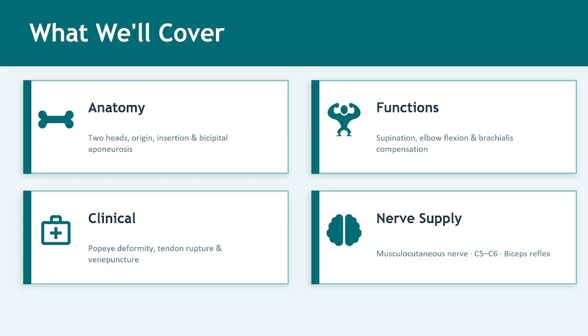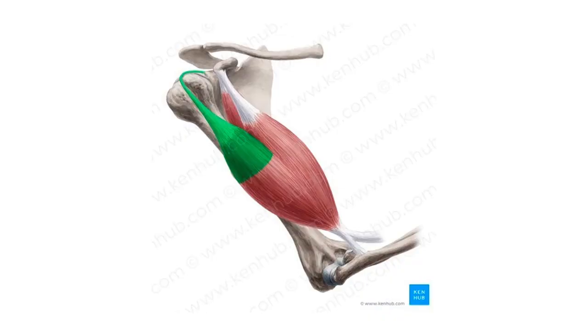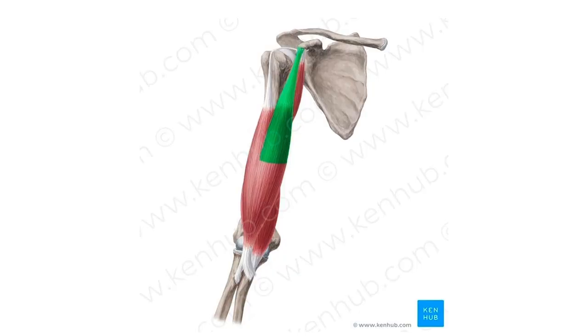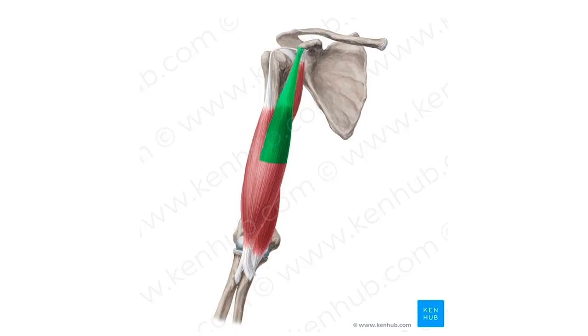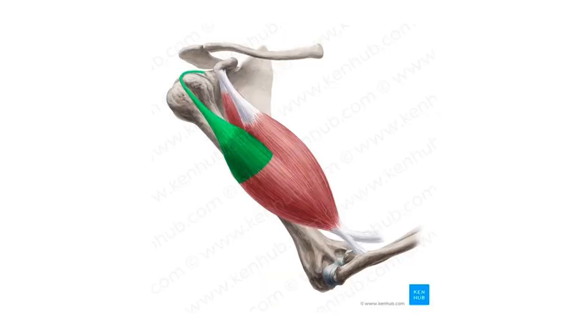Right. Now, when we look at the biceps, the bicep has two heads, the long head and the short head, and the point where it inserts itself. The long head is found through the bicipital groove and gets attached to the supraglenoid tubercle.